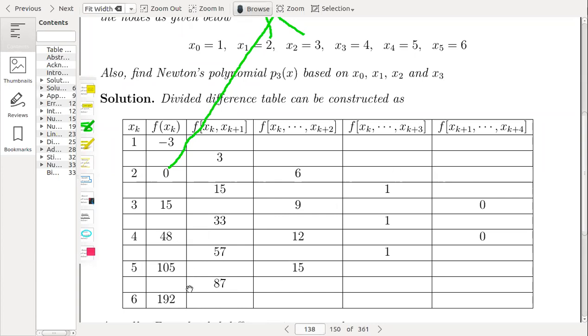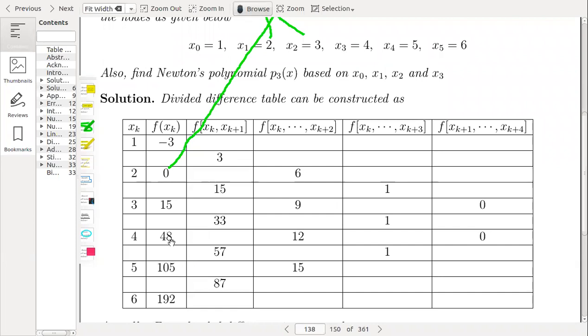Then the first divided difference corresponding to the points x3 and x4. The value of f of x4 is 105 and value of f of x3 is 48.